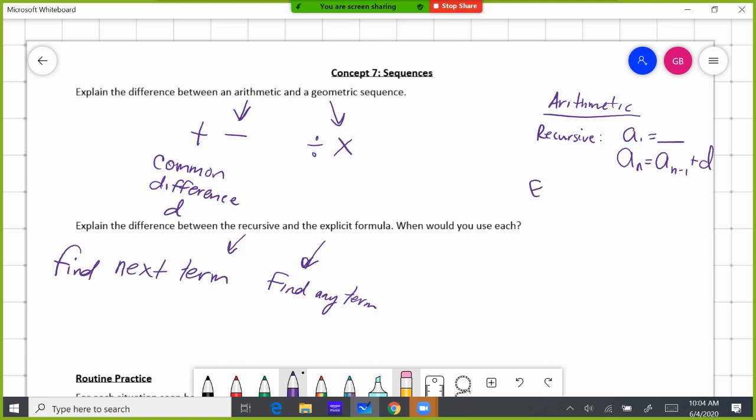The explicit is to find any term. It's going to be the first term plus n minus 1 times D. And then the geometric formulas.